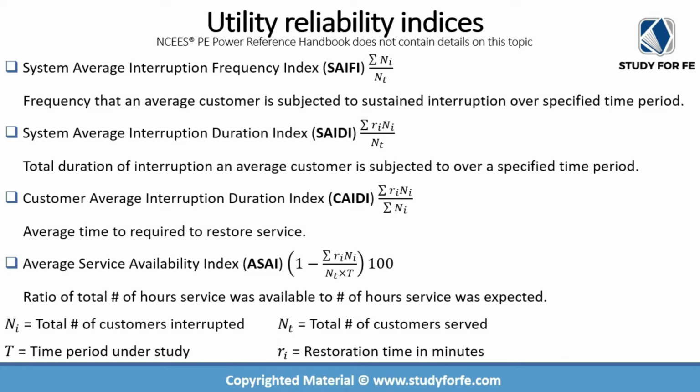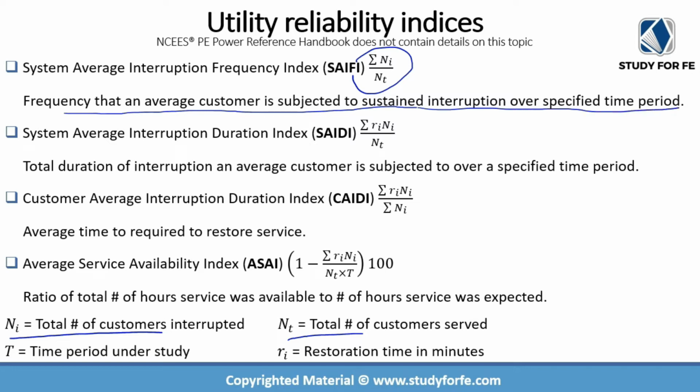In short form, it's called SAIFI, and it is simply the sum of all the customers that are interrupted divided by the total number of customers that are served. So NI is your total number of customers that are interrupted, and NT is the total number of customers that are served. And it is essentially the frequency that an average customer is subjected to sustained interruption over a specified period of time.